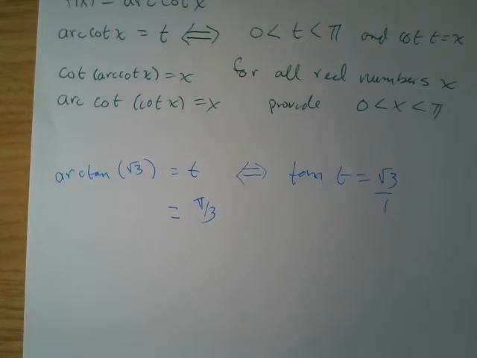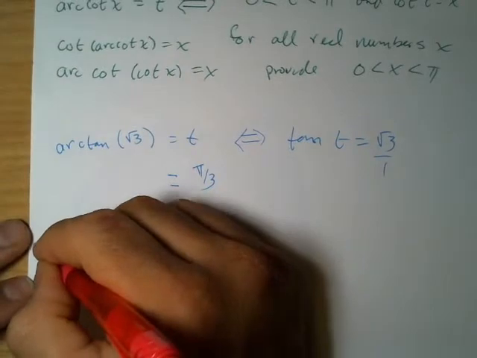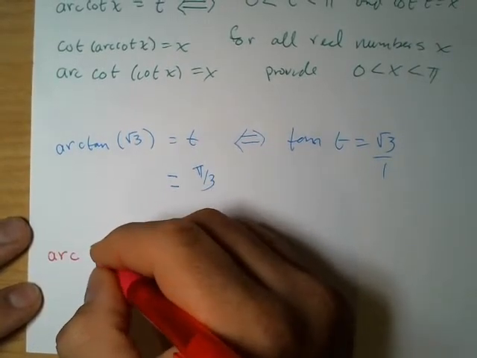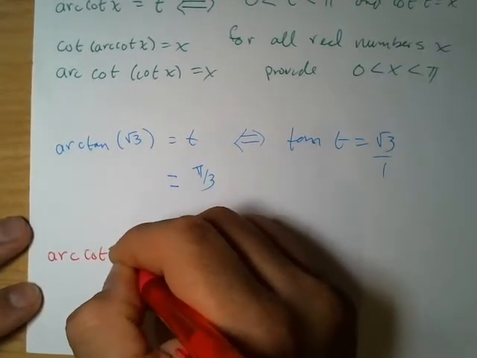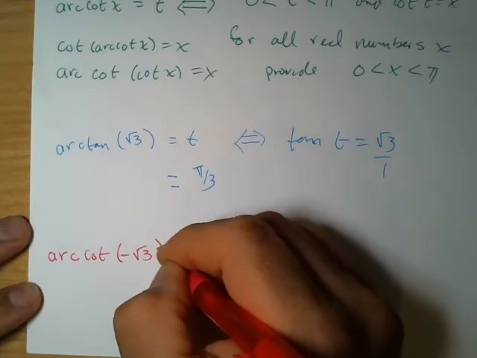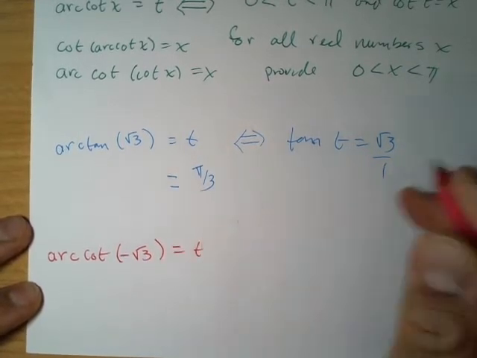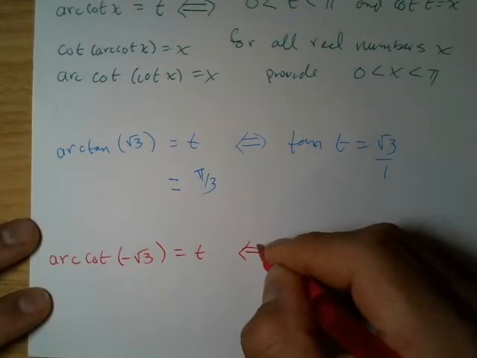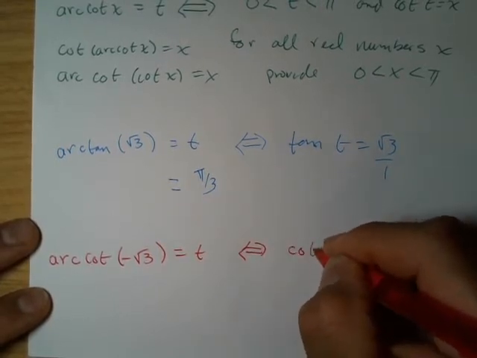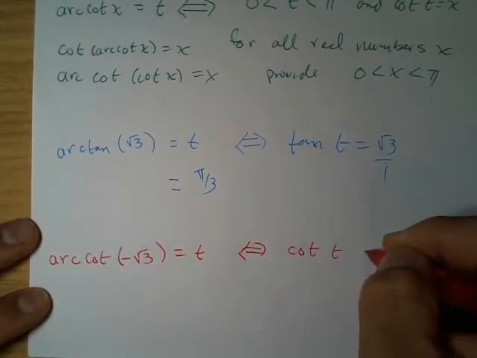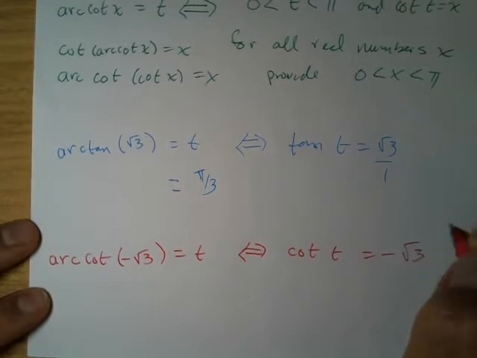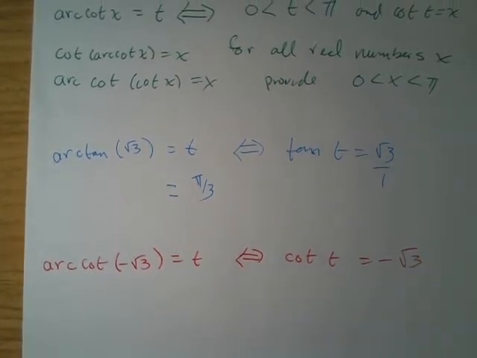All right, let's do one more example. Arc cotangent of negative root 3 is equal to t. Here, what we're looking for is the value t where cotangent of t equals negative root 3.